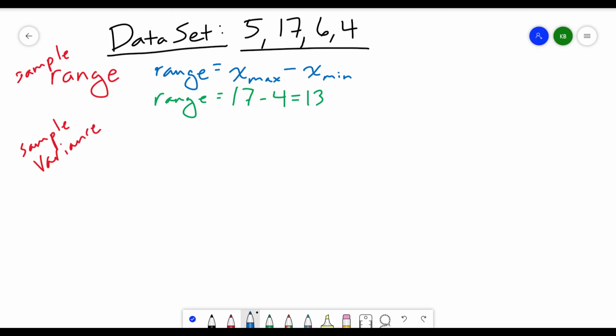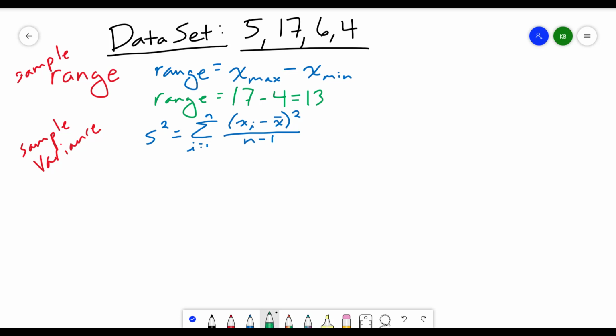The sample variance is actually s squared, and it's going to equal the sum from i equals 1 to n of x sub i minus our sample mean x bar, squared, and we're going to divide it by n minus 1.